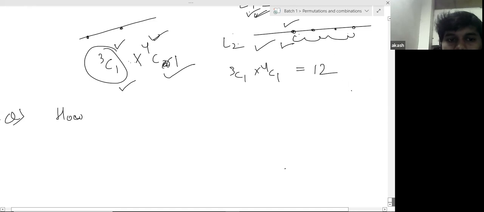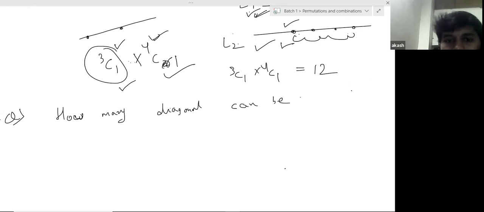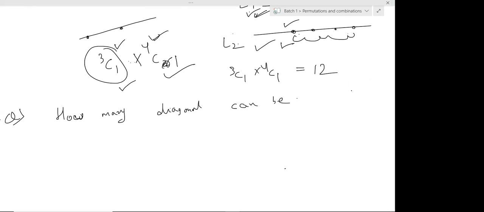How many diagonals can be drawn in a hexagon?